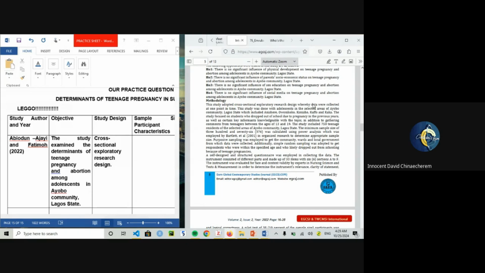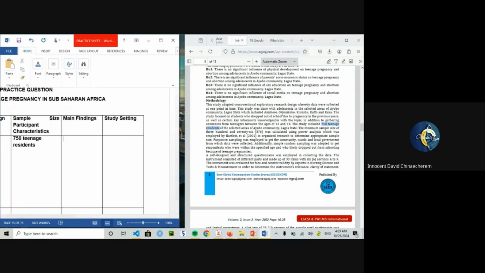The study was done among adolescents in Lagos, and it focused on students who dropped out of school due to pregnancy in previous years, as well as key informants knowledgeable. Okay, so the study included 750 teenage residents of the selected areas. So we extract that. Sample size here is 750.